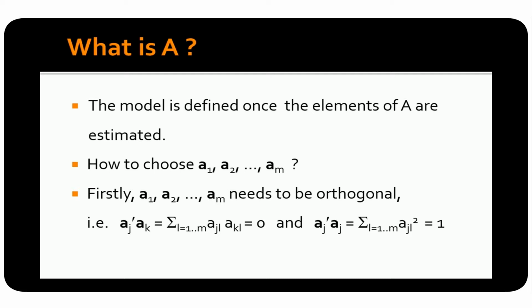So, basically these are not just orthogonal, they are orthonormal. Orthonormal means that a j prime a j must be equal to 1, thus the inner product must be equal to 1, or we can say that the length is equal to 1. So, all of these a 1, a 2, a m should have unit length and be orthogonal to each other. This is the first condition that we need.